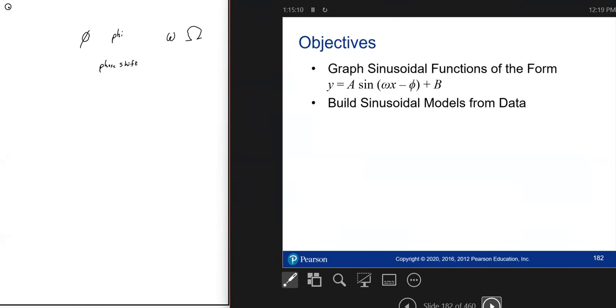And with electricity, you have a sine curve for the sound or the electronics, and then you shift it left or right, then that's the phase shift. So when we talk about a phase shift, we're talking about a horizontal shift. And phi helps us find those things.